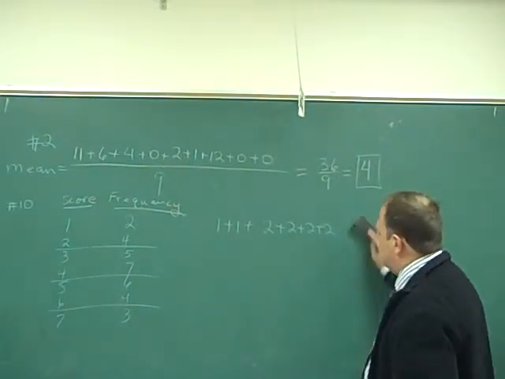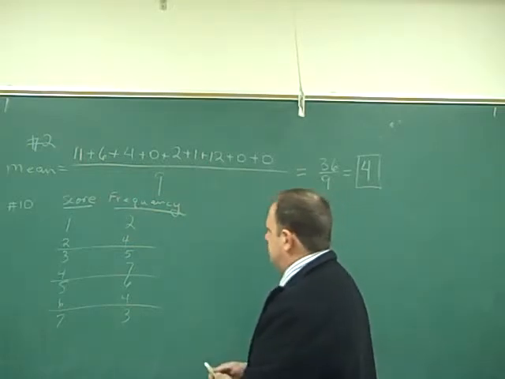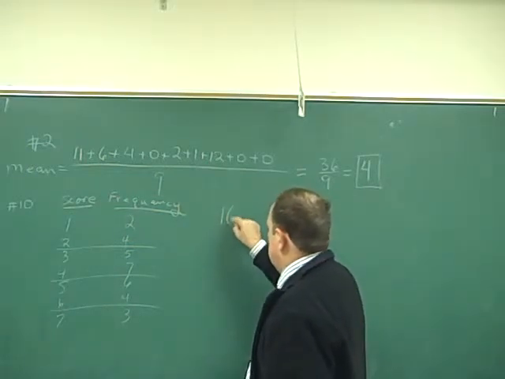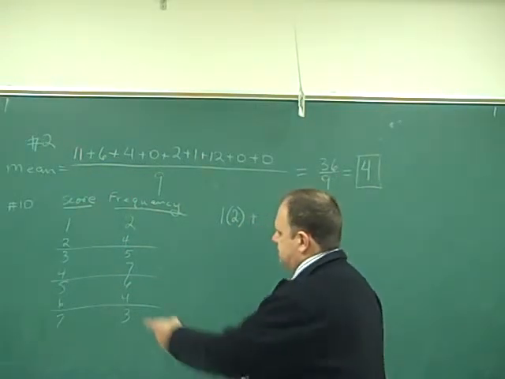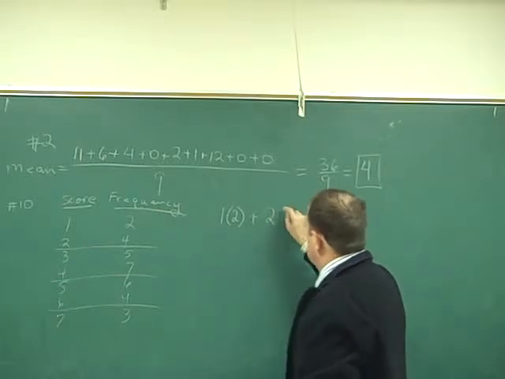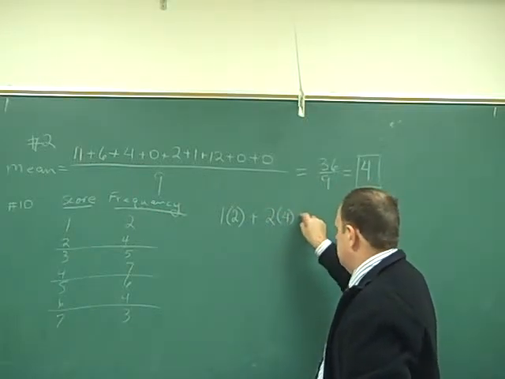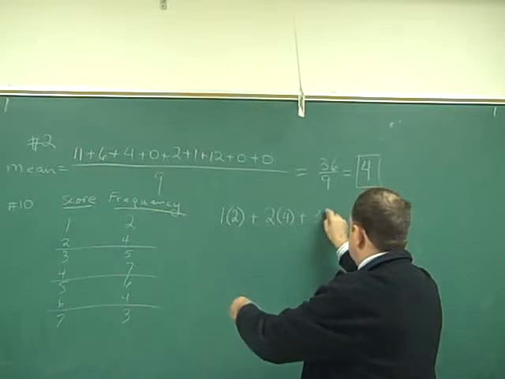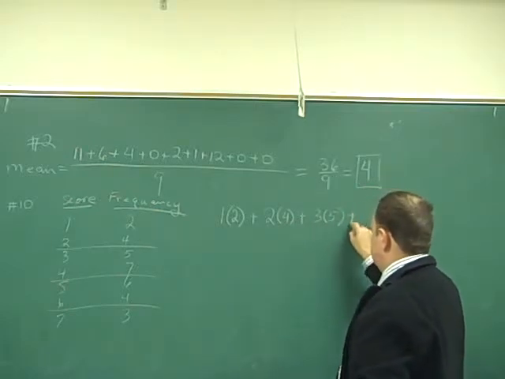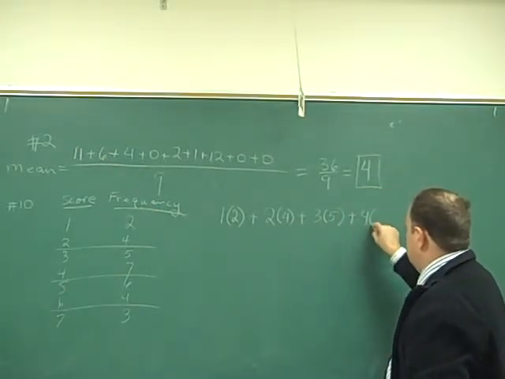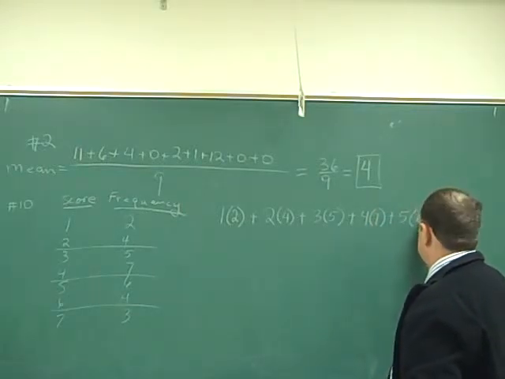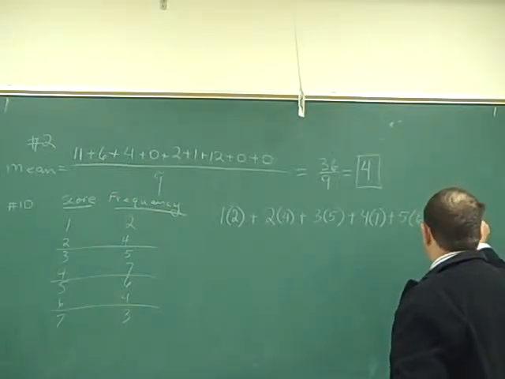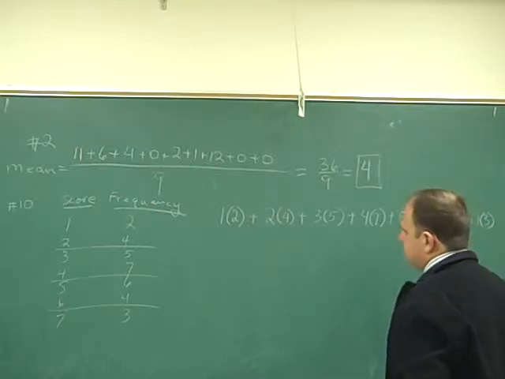So instead of stringing them all out like that, what you could do is put 1 times, there's 2 of them, so they just multiply times 2. Plus 2 times 4, right? Plus 3 times 5, right? That'll be 15, that's right. 4 times 7, right? 5 times 6 plus 6 times 4 and plus 7 times 3, right?